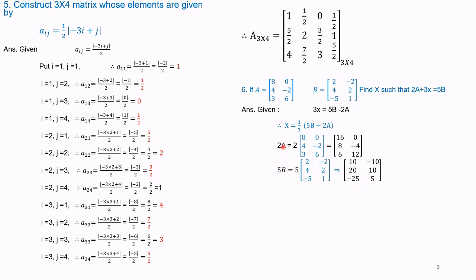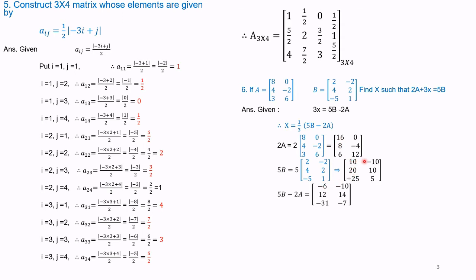Now, as per the given equation, we have to subtract 2A from 5B. Let us calculate 5B minus 2A. Therefore, we have to subtract the corresponding elements of 2A from matrix 5B. So, 10 minus 16 is minus 6.